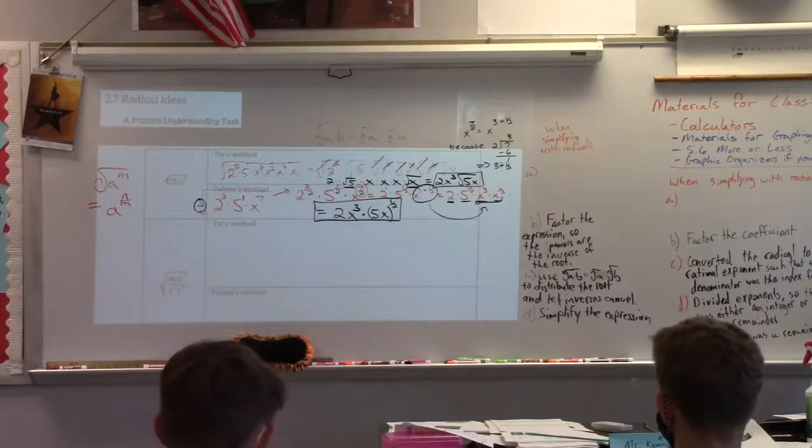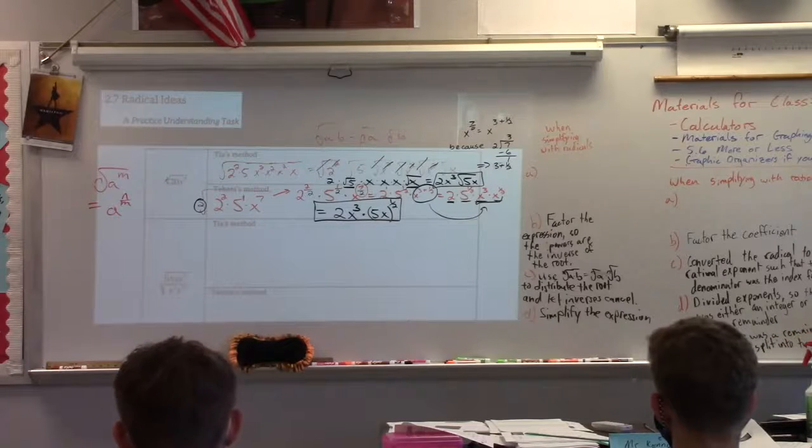Okay, when there was a remainder, use x to the m plus n equals x to the m times x to the n to split into two powers, and we simplify from there.